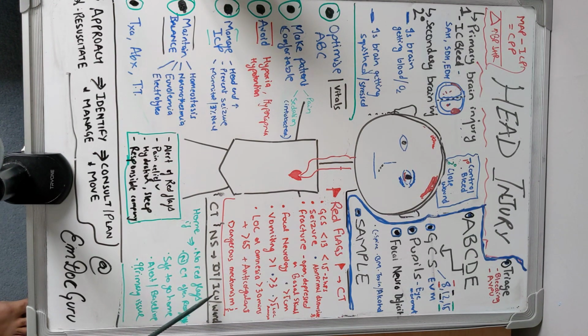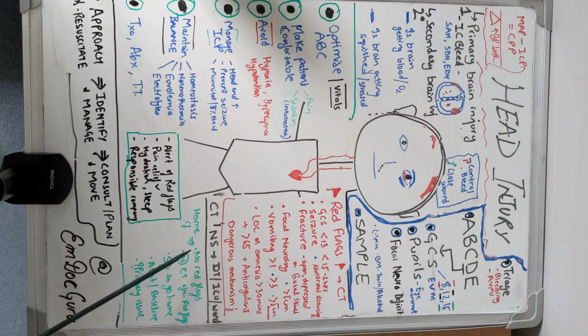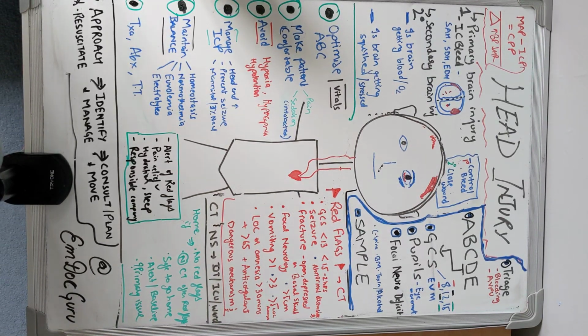Now, usually patients with severe head injury are candidates for ICU, moderate head injury are for ward, and patients with a minor head injury are candidates who could be considered being sent home. So if they require an immediate surgery, as discussed with neurosurgeons, they go to the operation theater.